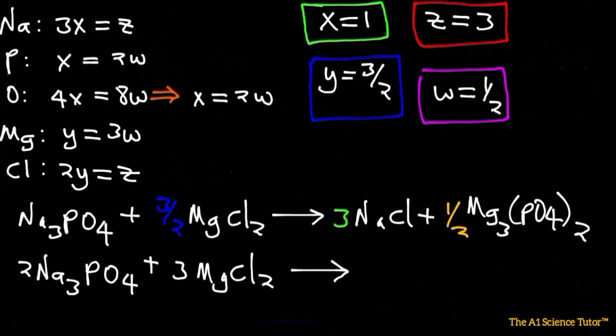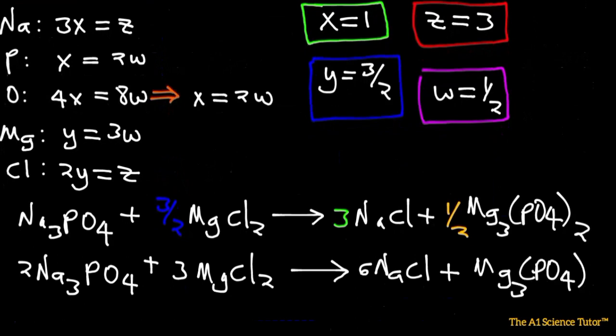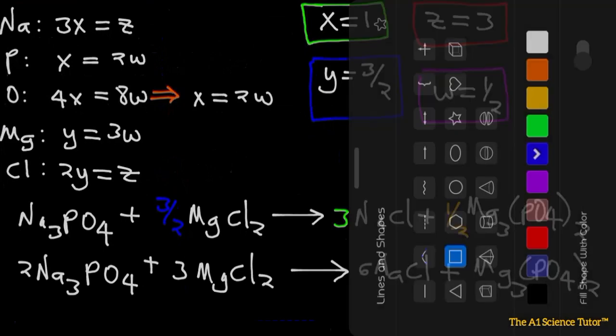That gives you 6, so that will be 6 sodium chlorides. Next up, you have 2 multiplied by half, which is basically a 1, so we don't have to write anything there. We just leave it that way. So this is basically what we have. This is what has to be the answer.